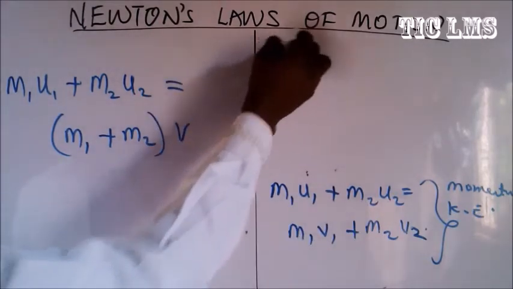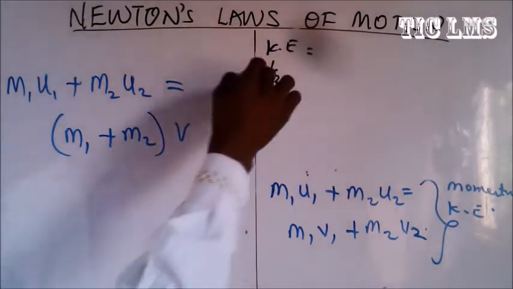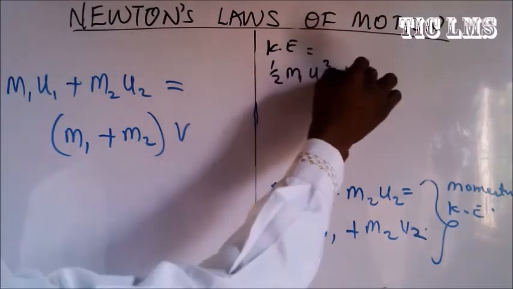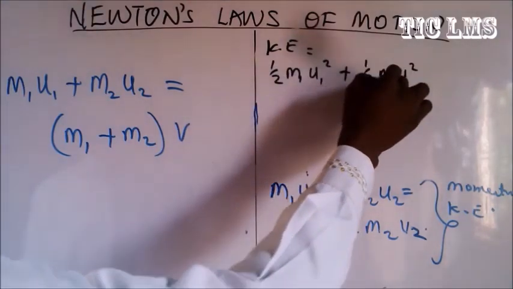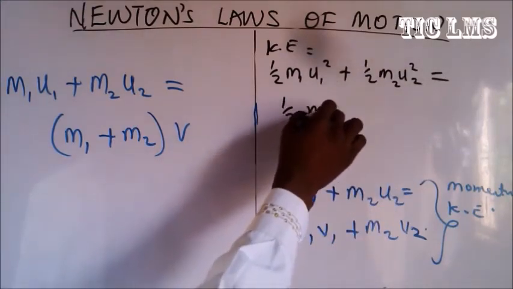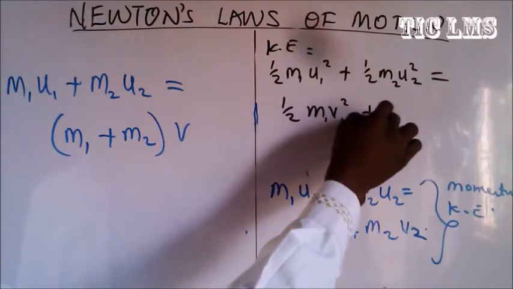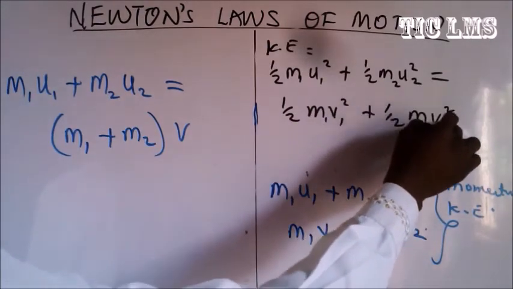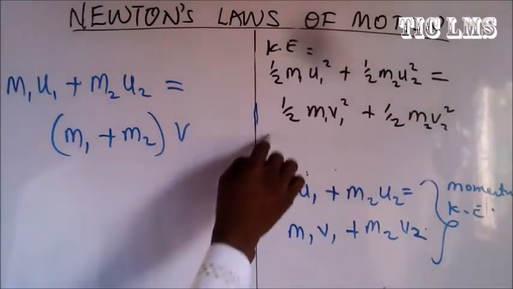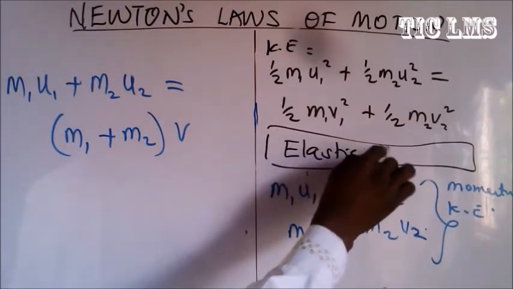Then for the kinetic energy, we will have it that the initial kinetic energy of the two bodies, which is half mu squared, plus half mu squared of the second body, is equal to half mv squared of the first body plus half mv squared of the second body. Now don't forget that all this happens in an elastic collision.